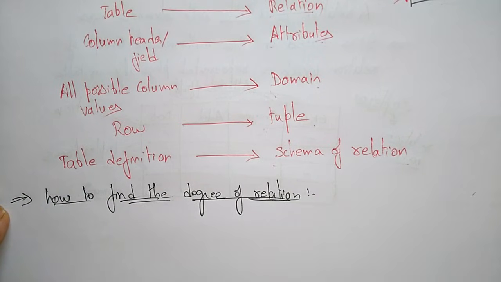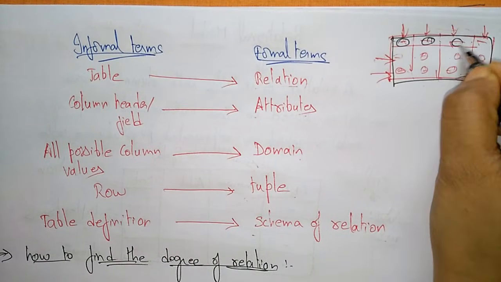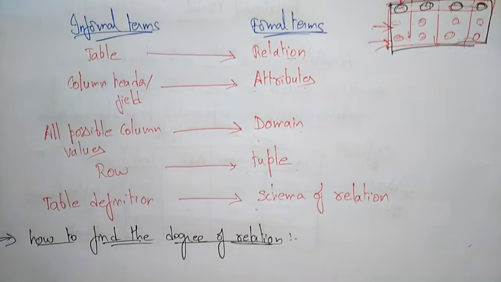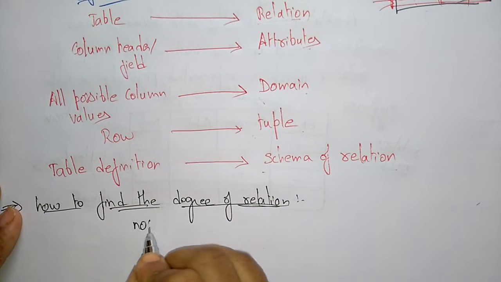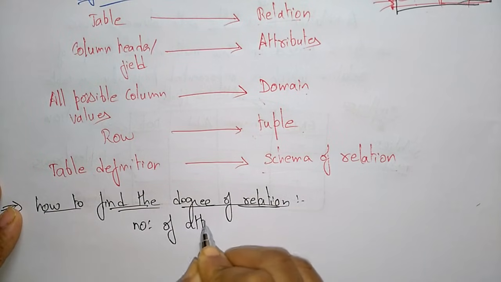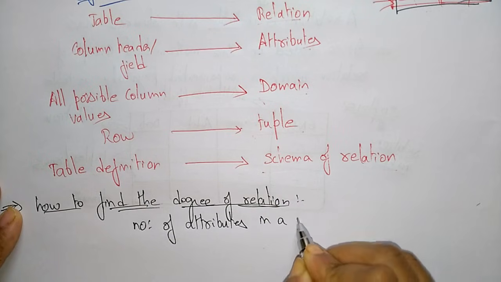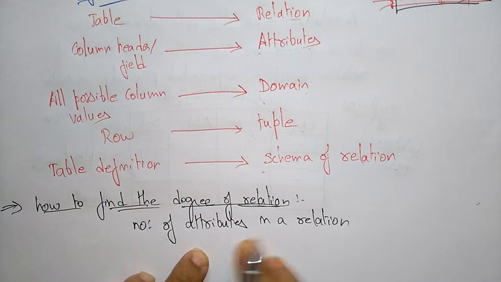So the only point to find out the degree of relation is the number of attributes in a relation. Based on the number of fields, the number of columns present in the table, you call it the degree of relation. I'm using the formal terms.